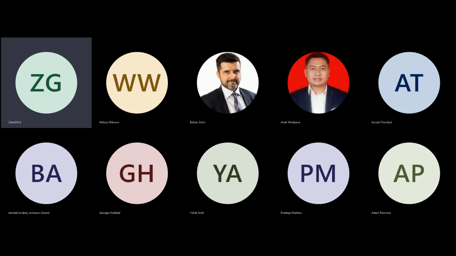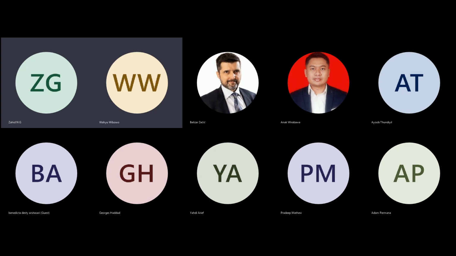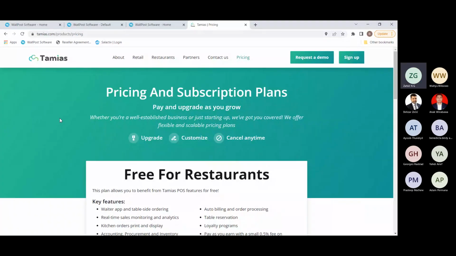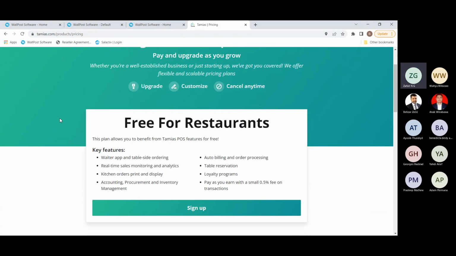The system will track the revenue of that billing period, let's say the month of June, apply the 0.5% of the agreed cap revenue with the customer, and send the invoice to the customer with the payment link to make the payment. Yes, Wahyu, you're right. It's on the revenue generated through Tamias. Okay, I see.